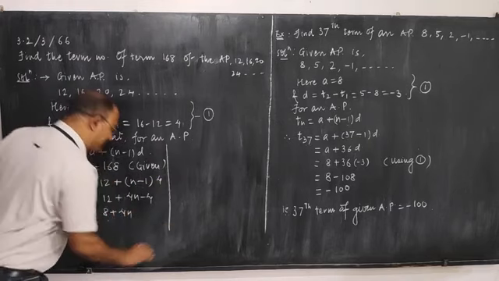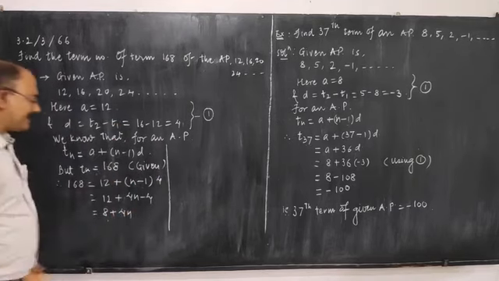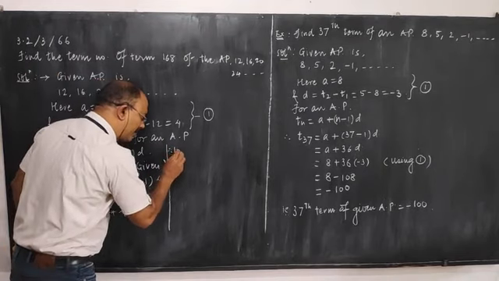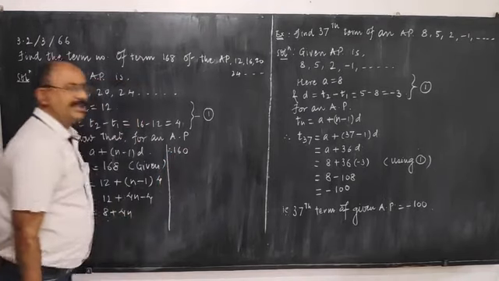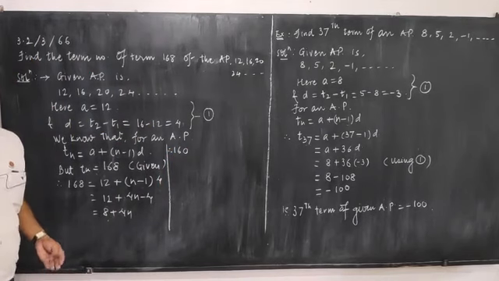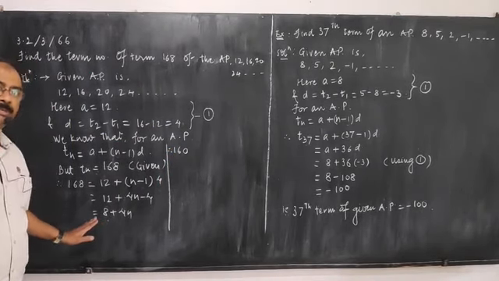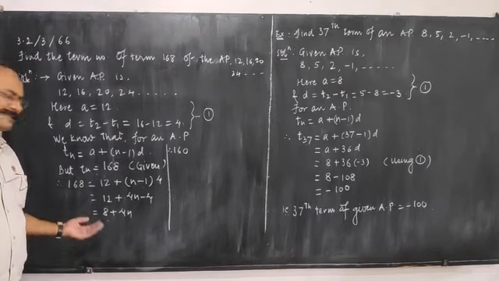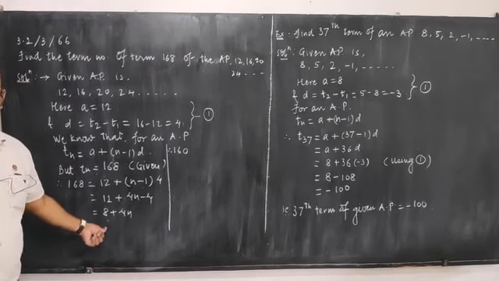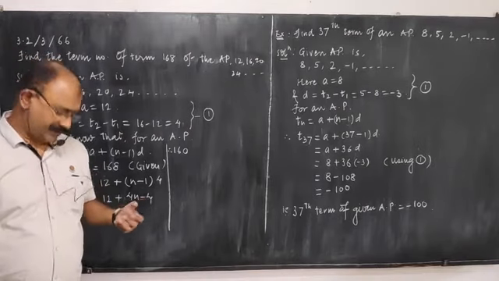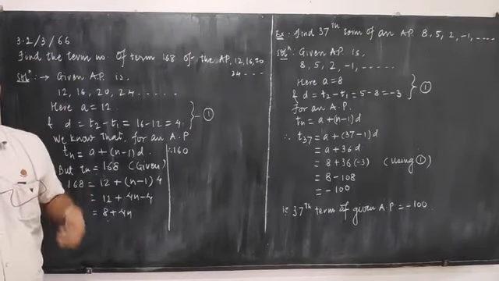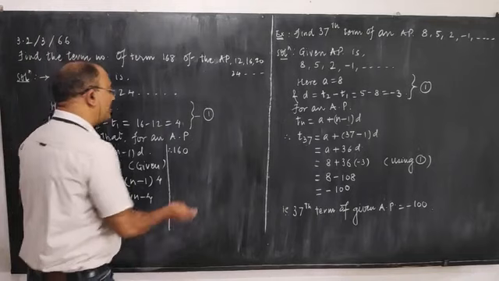Let us simplify here. This 8 will go to the left side, so directly I am writing 160, because these calculations are very ordinary. When you transfer a number from the RHS to the LHS, the sign changes. So 160 minus 8, this will be equal to 160 equal to 4n.